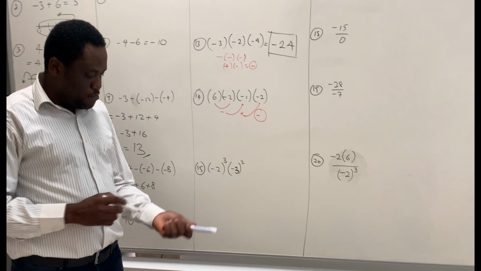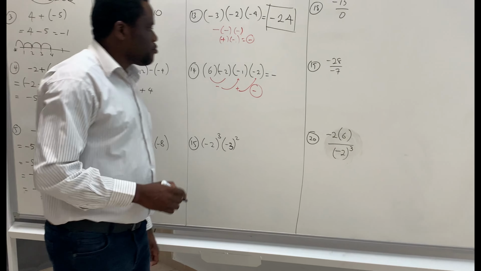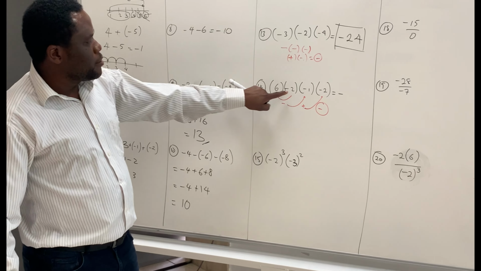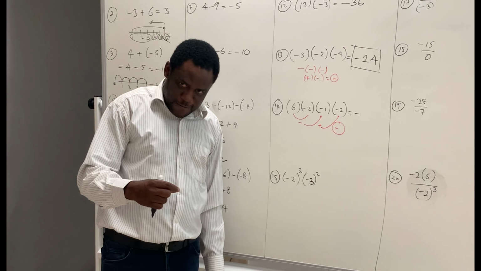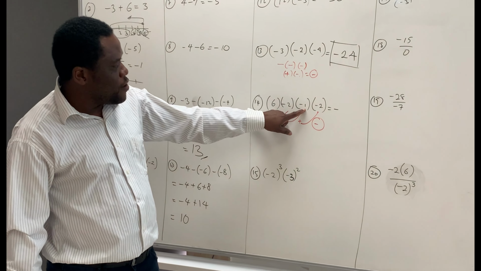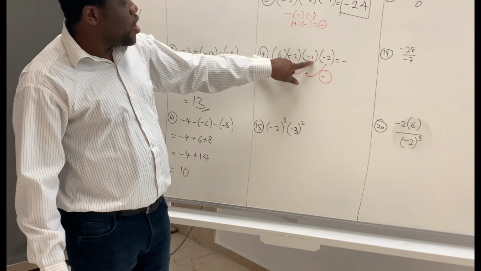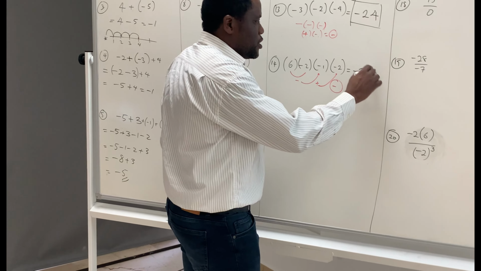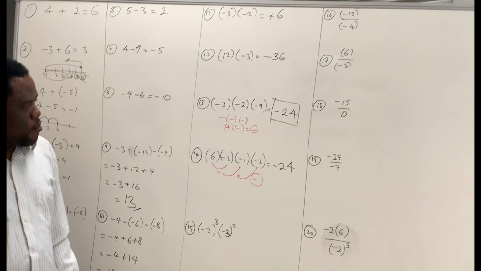Negative. So the sign is negative. Write it out. Now the numbers. 6 times 2 is what? 12. 12 times 1 remain 12. Now 12 times 2 is what? 24.